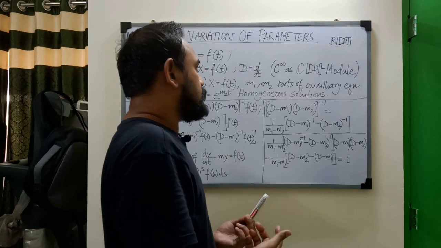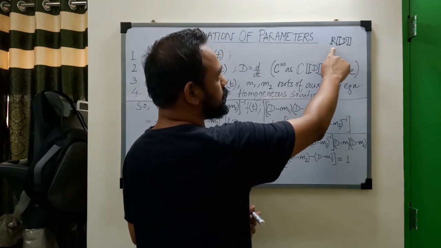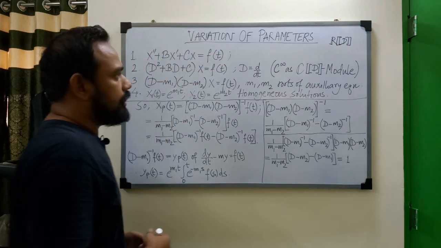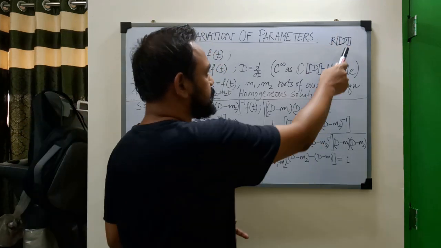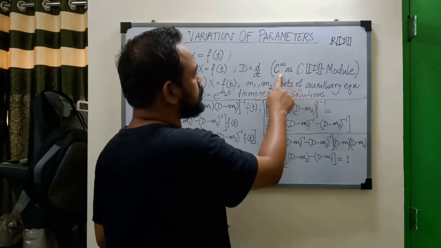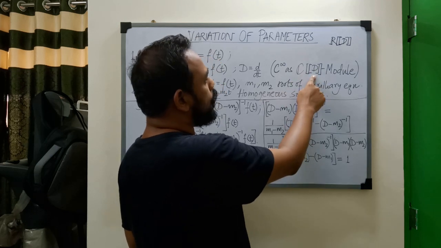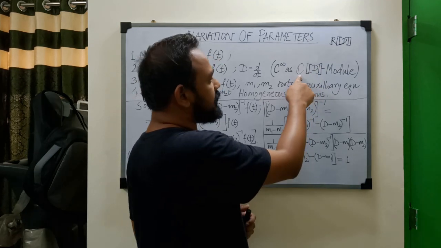The way we talked about it was the R[[D]] module, or the module over this ring of formal power series in D. But for this lecture we will consider it as a module over C, or the complex numbers.